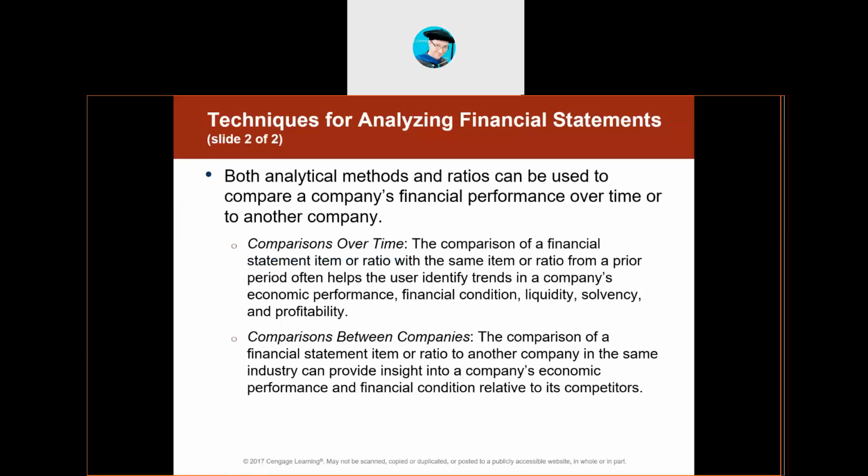So either way you do it, whether it's ratios or other analyses, we're comparing the company's performance over time, that's year to year, or we're comparing company to company, or the company to the industry averages. The reason I'm interested in industry averages is that it tells me how well the company is performing in relationship to its competitors.